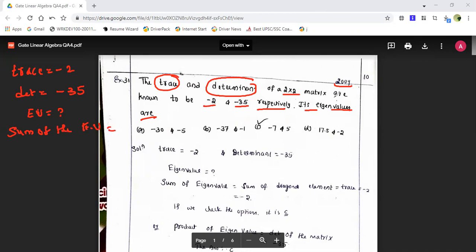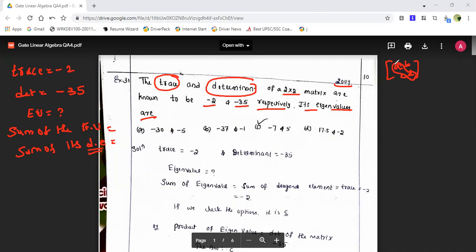So if you have, for example, A, B, C, D as a matrix, then the sum of the eigenvalues will be the sum of its diagonal elements.